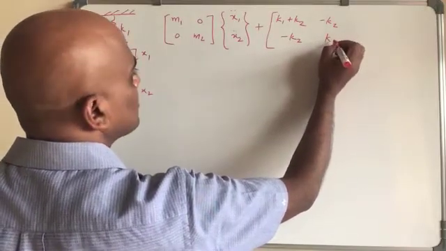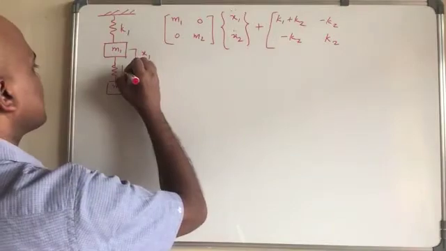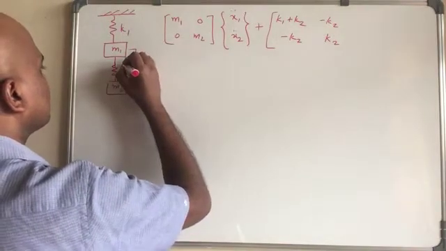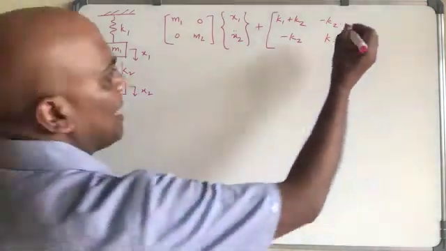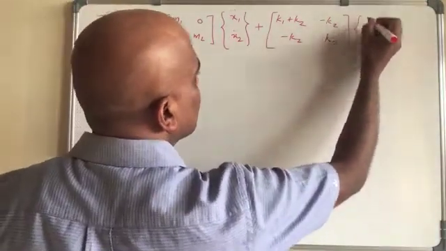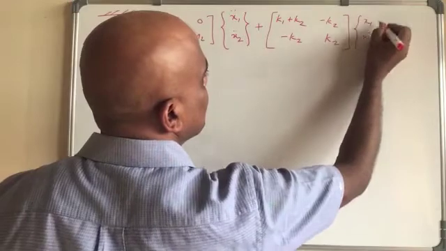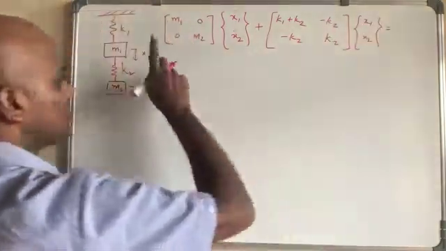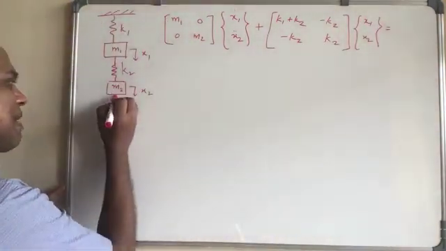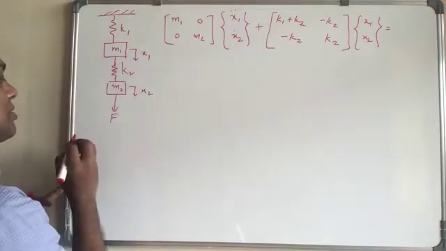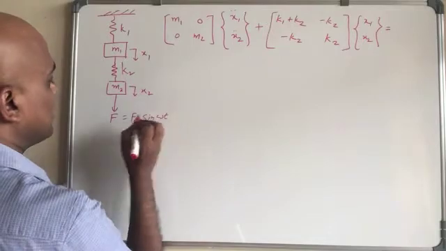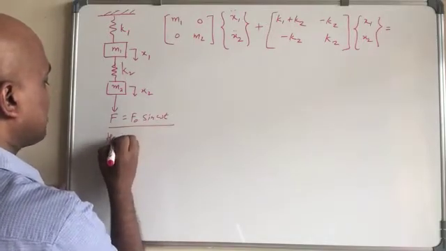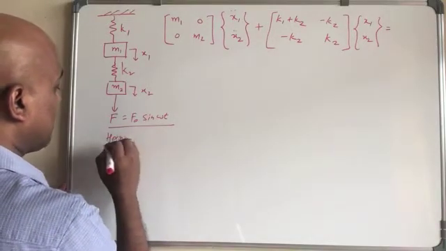Yeah, so this is k1, this is k2 basically. And we had x1 and x2 here, equal to 0 for the free vibration. However, we now have equal to F0 sine omega t. So we say harmonic force.